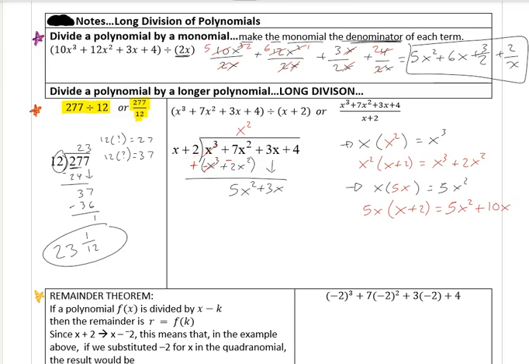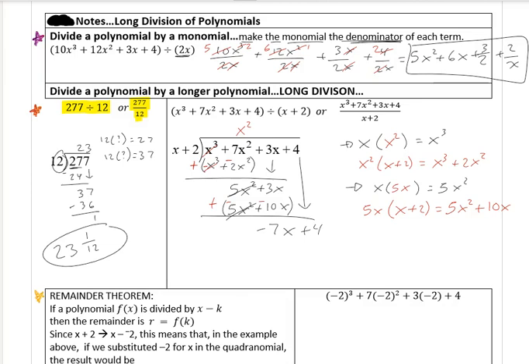So what I have my answer of comes down here. I'm going to subtract again. 5x squared plus 10x. Don't forget change signs. And I add down, these cancel. 3 minus 10 is a negative 7x. Bring down this 4.